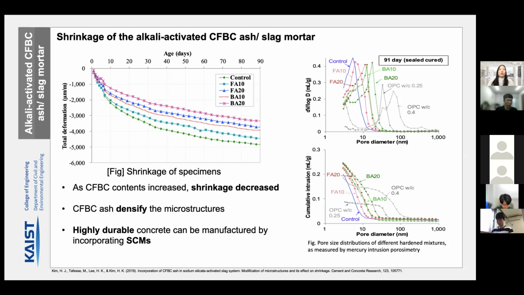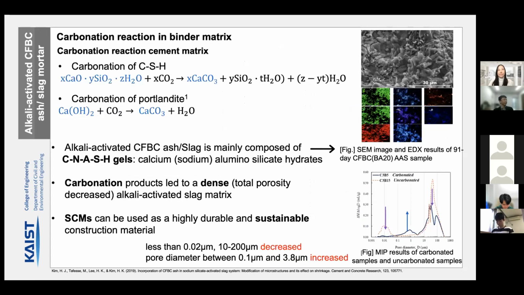In addition to those mechanical properties, it is possible to manufacture construction materials that are resistant to chemical deterioration, such as carbonation, by incorporating SCMs. The carbonation reaction in the matrix can degrade the strength of concrete by decomposing C-S-H, which is the main hydrate of the cement matrix, because C-S-H is primarily responsible for strength in cement-based materials.